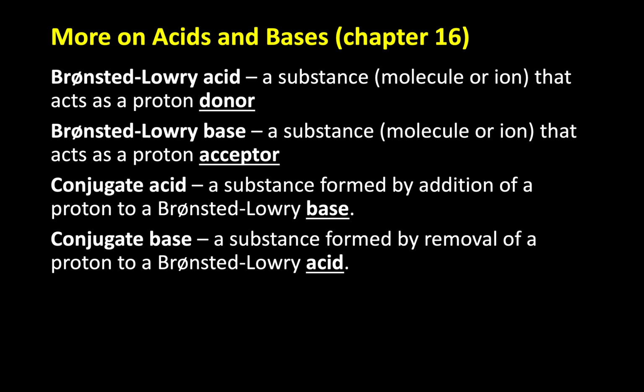So a conjugate acid forms when the base accepts a proton, and the conjugate base gets paired up with the acid. That's when the proton is removed, you get the conjugate base. So there are these pairs that occur, especially if we're looking at acid-base reactions, which you looked at last week in your homework.